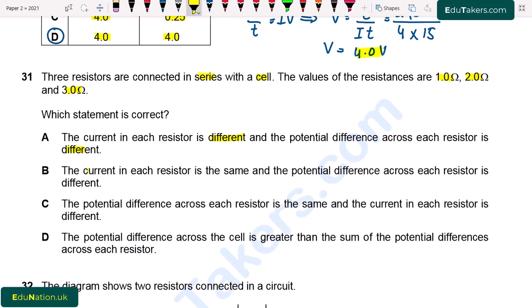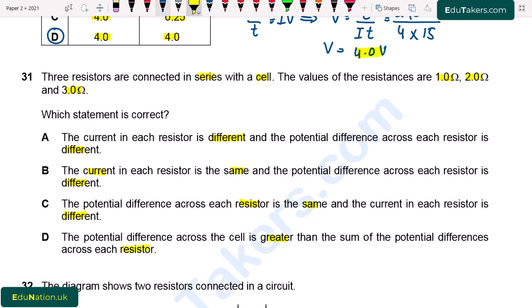B. The current in each resistor is same and potential difference across each resistor is different. C. The potential difference across each resistor is same and the current in each resistor is different. D. The potential difference across the cell is greater than the sum of potential differences across each resistor.